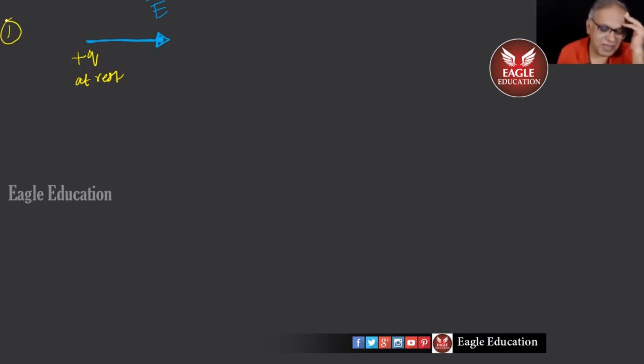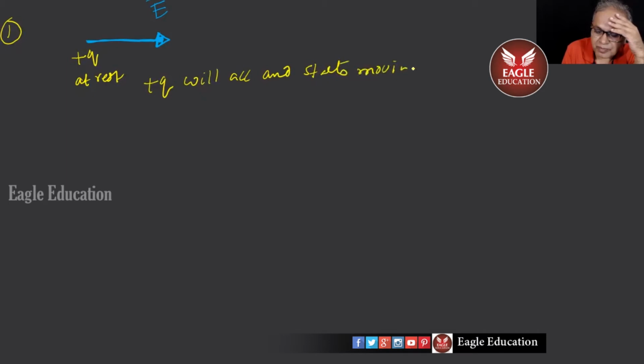So that field could be, you need not think that there's a point charge this side. This field could be formed in many ways. What you'll say is this one plus Q will accelerate and start moving in the direction of E.